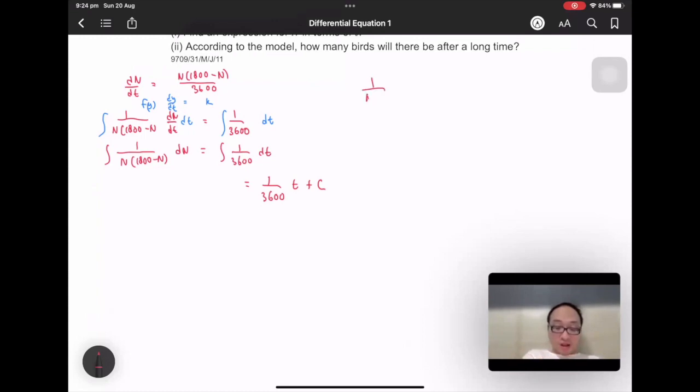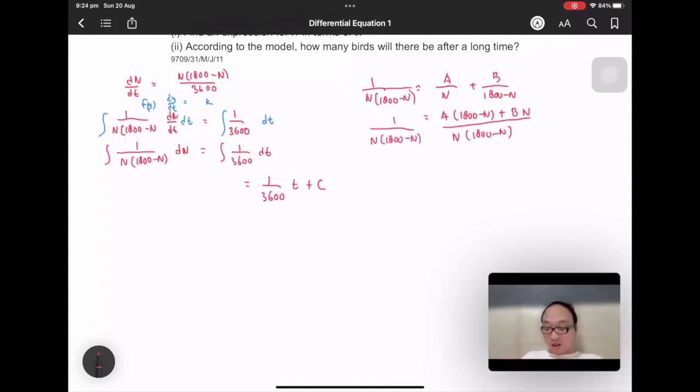So I change the term into partial fractions, a over n plus b over 1800 minus n. And then I do the cross multiply, a times (1800 minus n) plus b times n over n(1800 minus n) equals 1 over n(1800 minus n). Because the denominator is the same, I can just equalize the numerator.